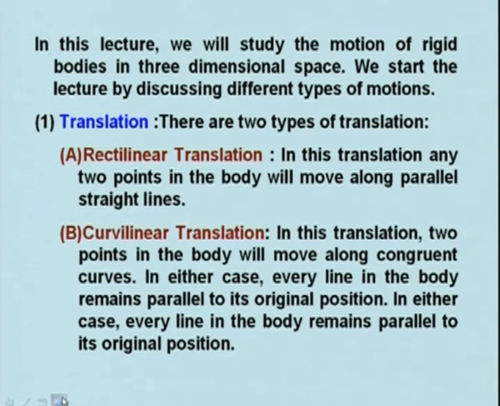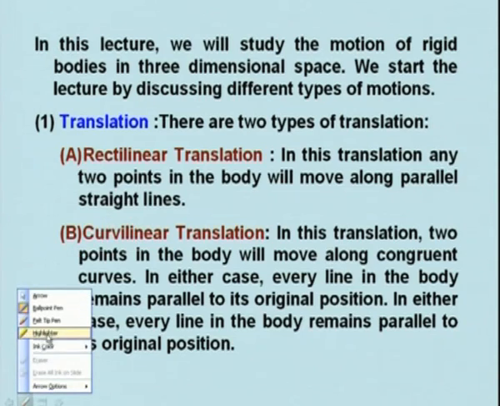The other type of motion is curvilinear translation. In curvilinear translation, two points in the body will move along congruent curves. So there will be two types of curves, this is one type of curve, and then another of this one.